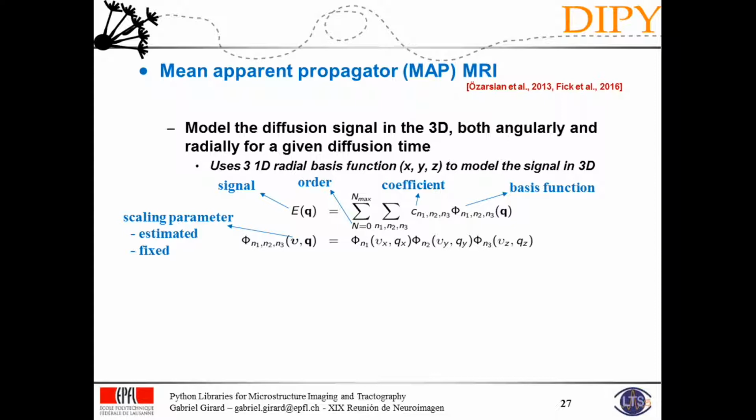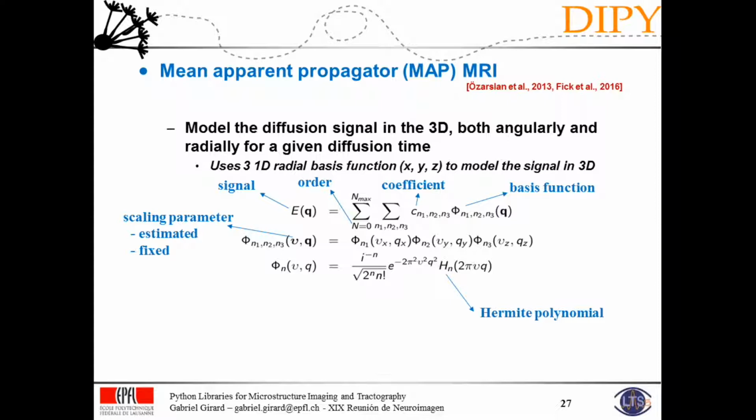There's also a scaling parameter of the basis to the data that can be either fixed or estimated from the data. And then the MapMRI technique uses the Hermite polynomials as a 1D basis for the signal. It's not a big deal, but it's the idea that you build a functional basis to represent your signal in the Q space.